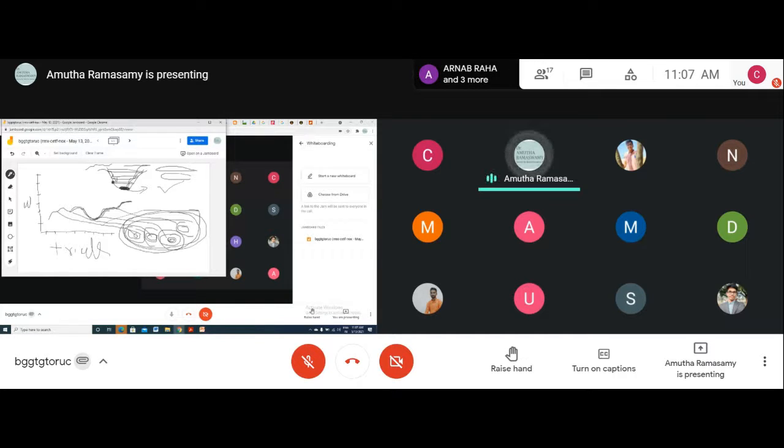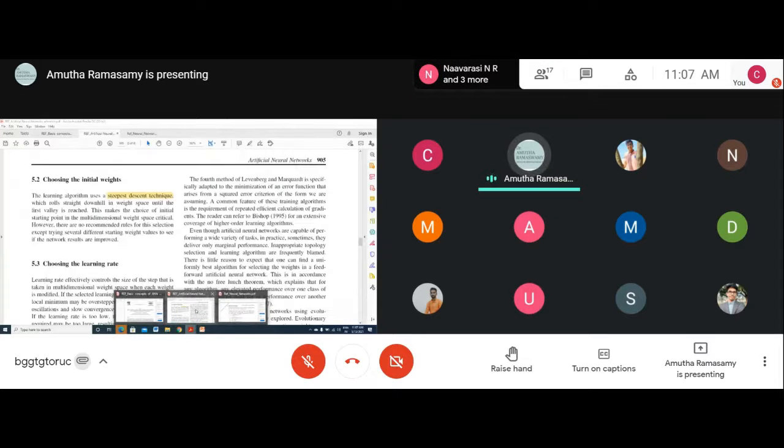If the gradient is increasing, you should not take it. One such method is the steepest descent method. There are other methods also, which we'll learn in the third semester, so let us stick only to this. That is the steepest descent technique, which rolls straight downhill in the weight space until the first value is reached. You understand now this sentence?